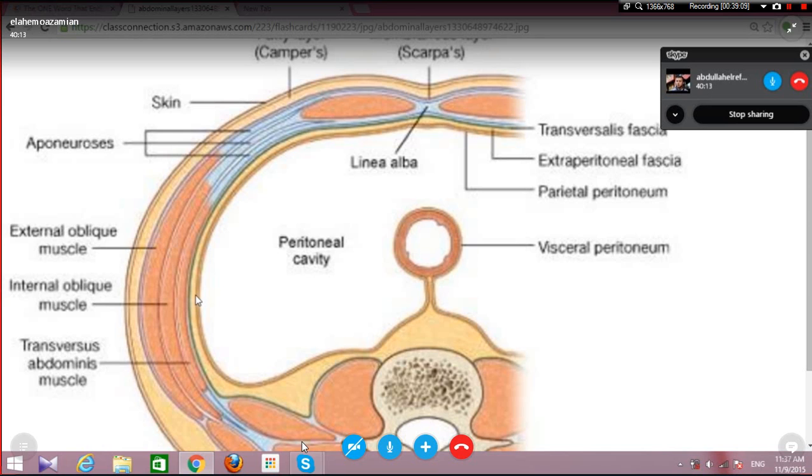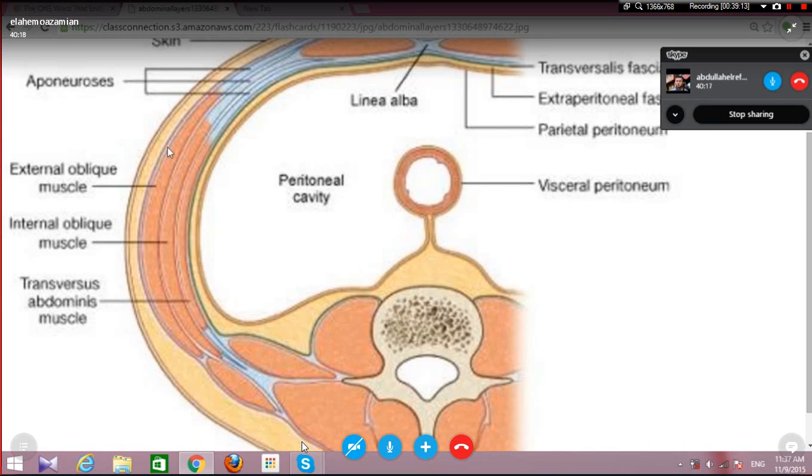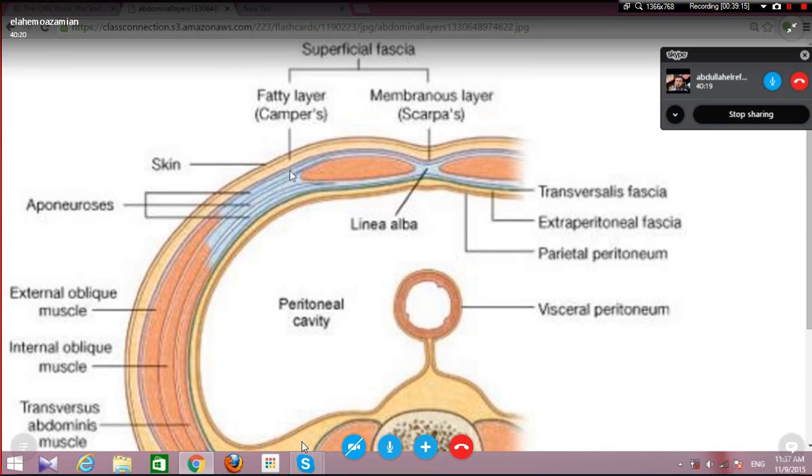Now look, Abdullah. We said these muscles, we have them laterally. When they go anteriorly, we just have the aponeurosis of these muscles, right? So instead of muscles, we have one layer. Let's see what happens to this aponeurosis. What is this muscle here anteriorly? The rectus abdominis.